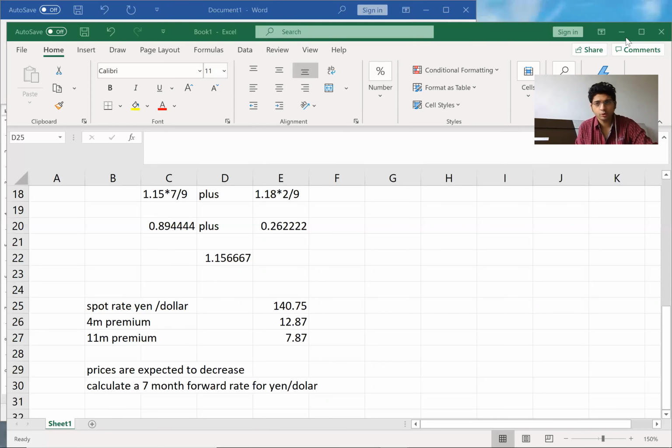In the exam, you'll have to show this working. Okay, 130.01.